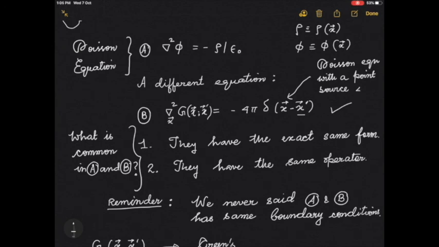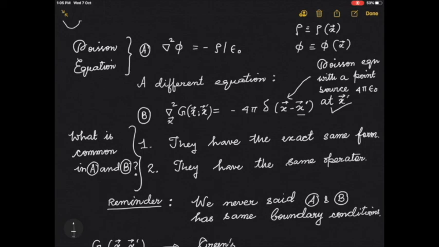The strength of the point source is 4 pi epsilon. So if I put rho as 4 pi epsilon times delta, then we will get the right hand side here.